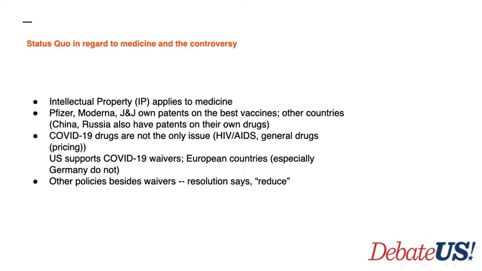And if you look on the daily update we have on the website, a lot of that information is about that. But COVID-19 drugs are not the only issue. There's a big thing about HIV/AIDS drugs and the distribution to the developing world of HIV/AIDS drugs, and just drugs generally. Not so much even an access issue in terms of can people get access to the drugs, but can people afford the drugs, right?